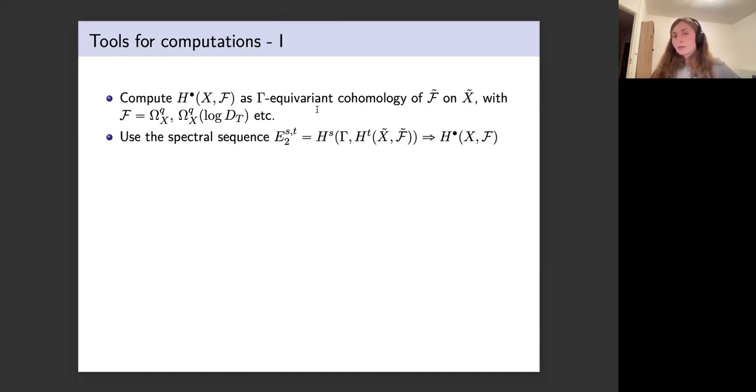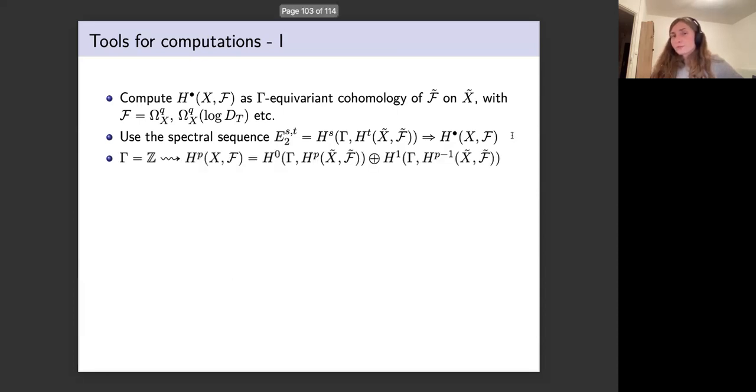And why Gamma-equivariant cohomology? Because there is a spectral sequence given by group cohomology of Gamma with values in this Gamma-module, which is the cohomology of this universal cover, which computes the cohomology that you want. And of course, as I said, since Gamma is a simple group, just Z, this group cohomology vanishes as soon as s is bigger than 1.